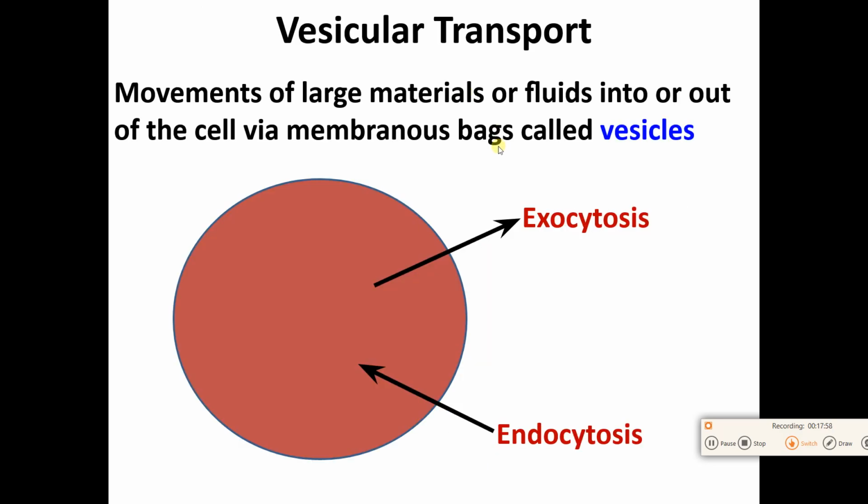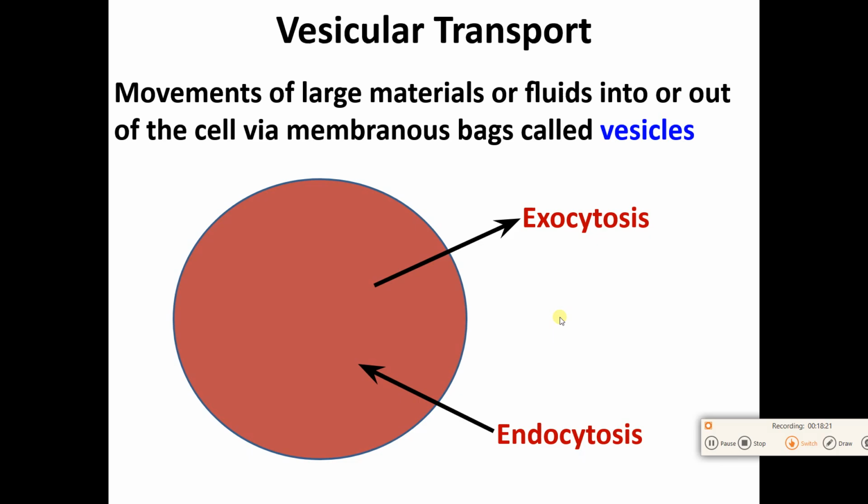Another type of active transport is on a larger scale. It is called vesicular transport. And this is where I'm moving large materials or large amounts of materials or fluids into or out of my cell via these little membranous bags that are called vesicles. Vesicular means involving vesicles.